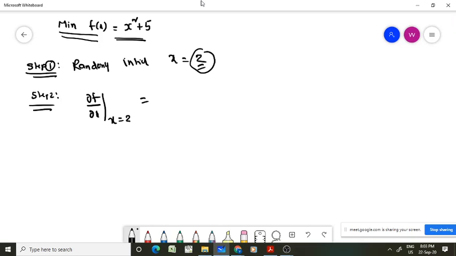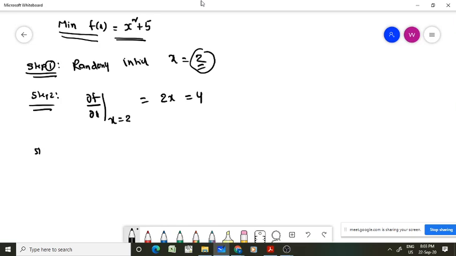So what is dou f by dou x? That's equal to 2x, which equals 4. So this is the gradient, equal to 4 now. So the second step is to find the gradient or slope of the objective function with respect to the descent variable at the point where we started.